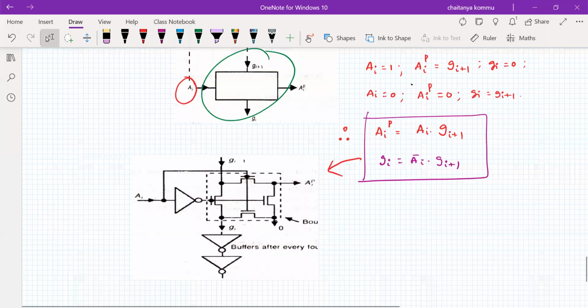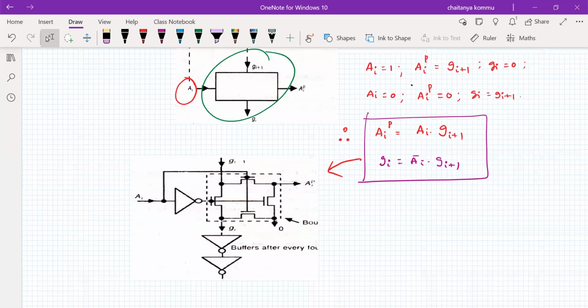So according to this one, if A is equal to 1, for example, we take one pass transistor here. So G A plus 1 will be the output to this one. That is what we have done here.